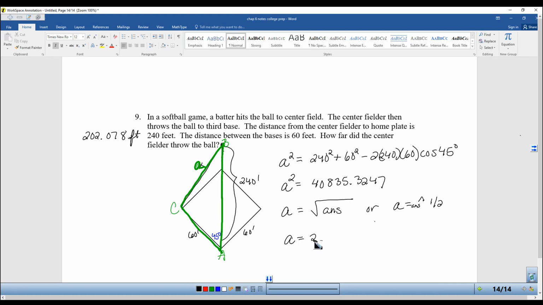And either way, you're going to get 202.078 feet.